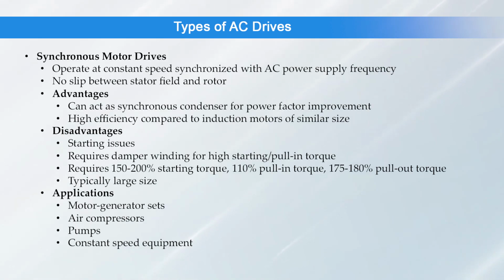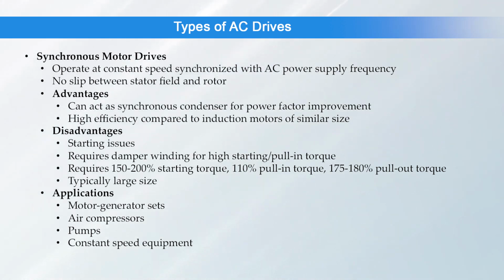If we see here, for AC drives, the cost is lower and the maximum torque varies directly instead of as the square of voltage. The various types of AC drives are synchronous motor drives and induction motor drives. Synchronous motors operate at a constant speed, synchronized with the frequency of the AC power supply.